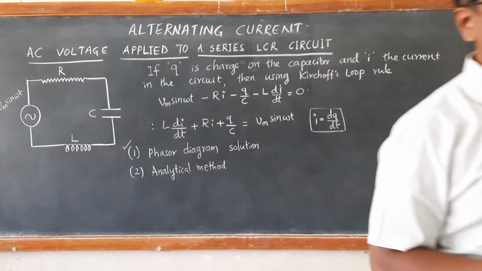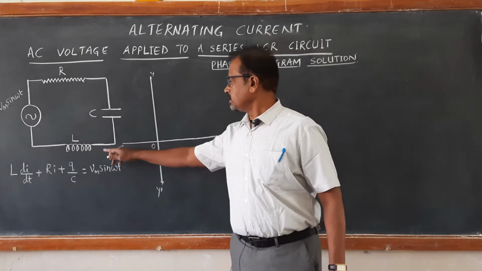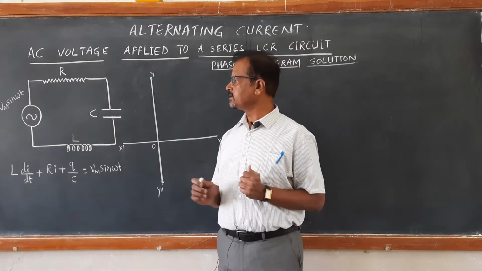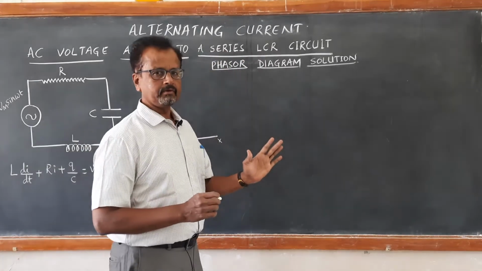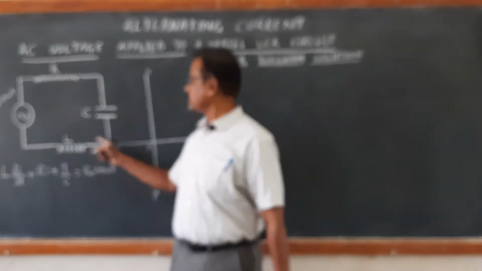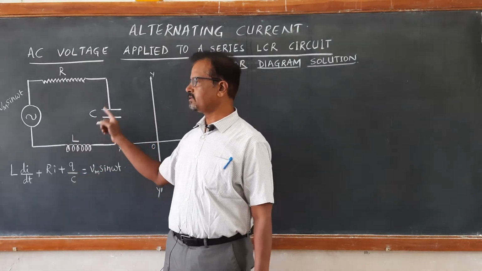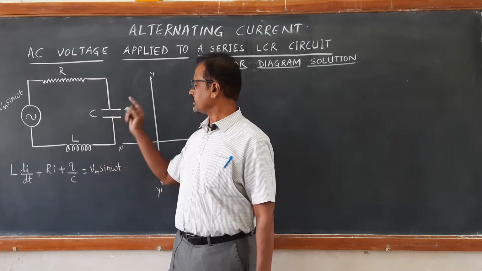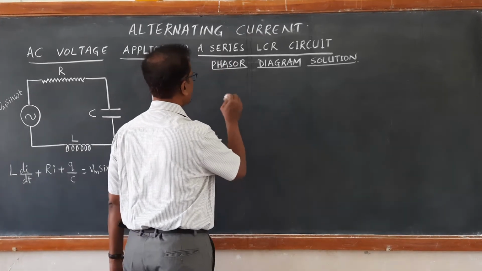Since the inductor, capacitor and resistor are in series, the current has the same amplitude in all the components. Let the current be I.